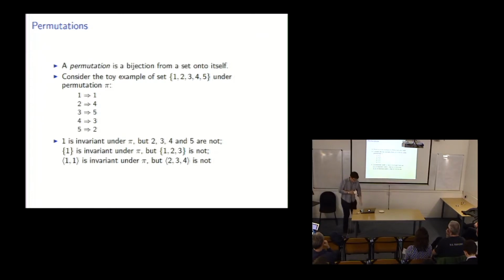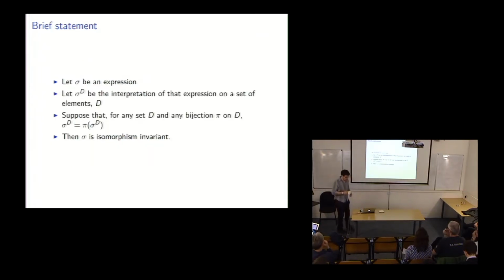Okay, so now, here we go. Here's a brief statement of what we're going to mean by isomorphism invariance. Everything I've said so far has been about numbers or sets, or generally stuff in the world. But of course, stuff in the world isn't the sort of thing that we think is a logical constant. Logical constants are bits of language.